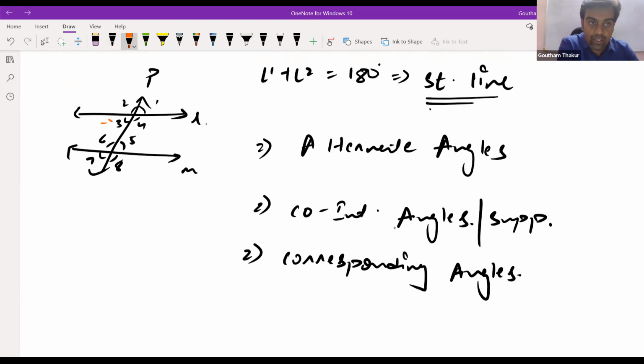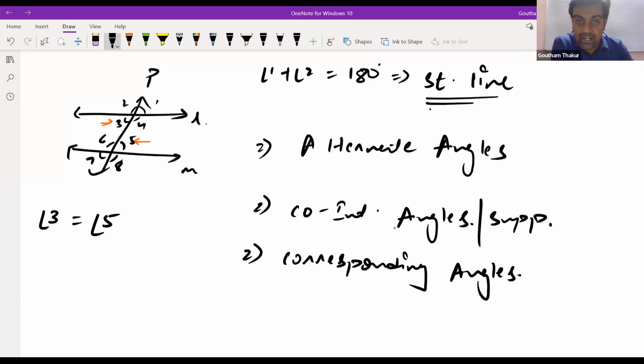For example, angle 3 and angle 5 are alternate interior angles because they are interior angles. 3, 4, 5, 6 are interior angles.